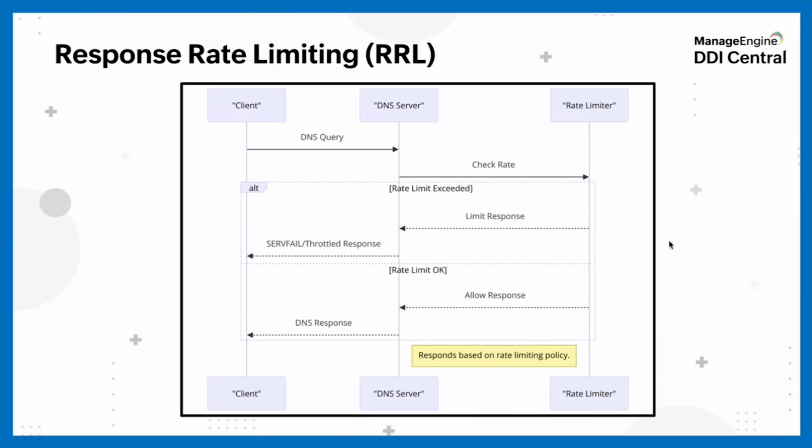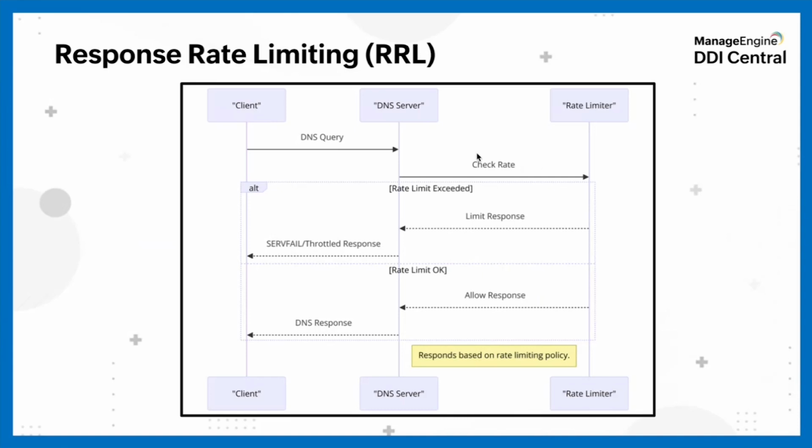When a DNS server starts receiving similar types of queries from the same IP or client, the DNS server with response rate limiter configured checks the rate of the requests coming from this particular client. The rate limiter's job is to determine whether this frequency of requests exceeds predefined thresholds, which are set to prevent abuse and to manage server load effectively.